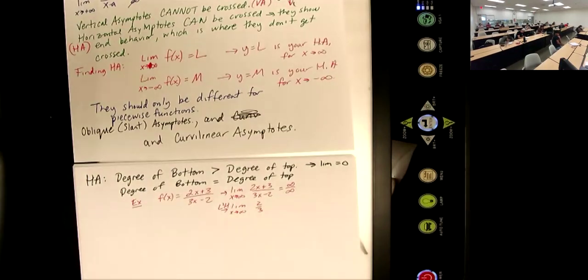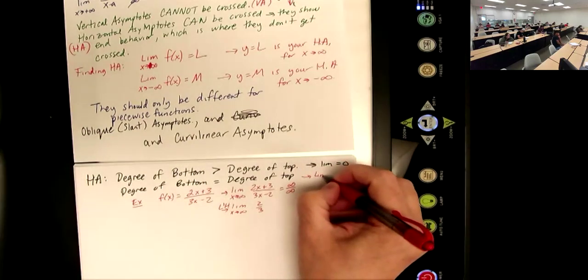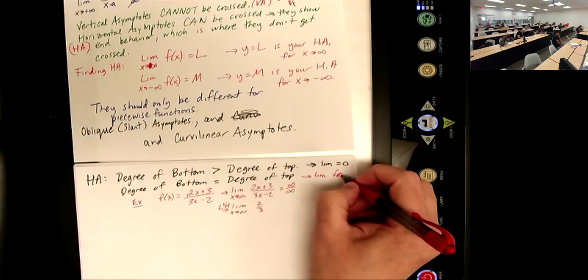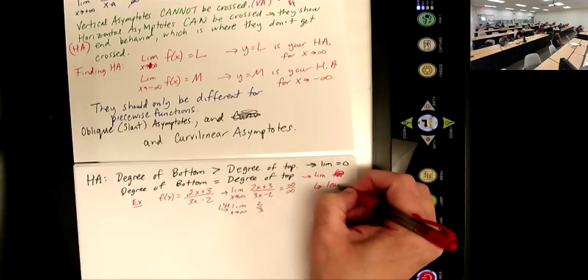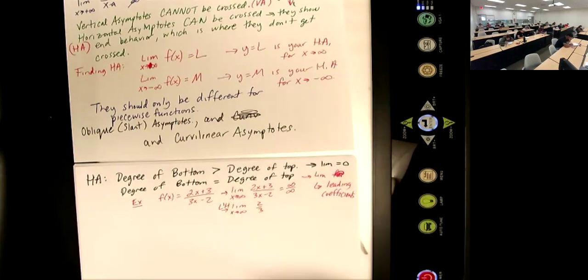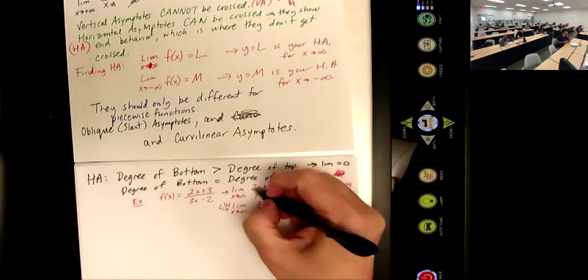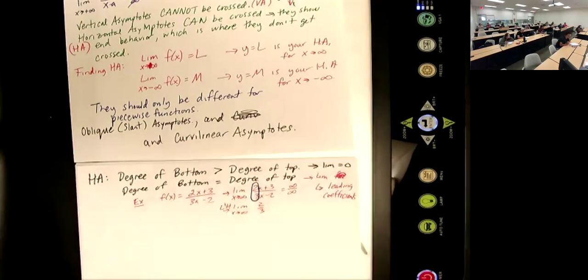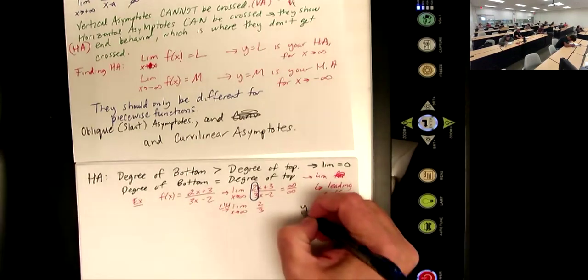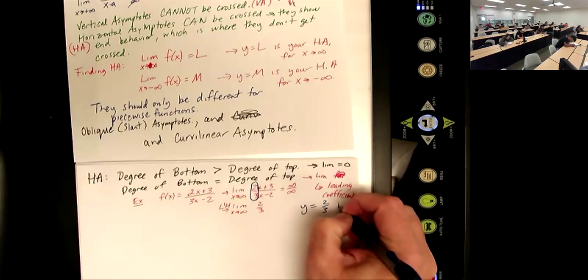So when the degree of the bottom equals the degree of the top, your limit is the fraction of the leading coefficients, the 2 over the 3. You don't need to memorize that. If you just take the limit, you'll find it. But if you like memorizing that, there you go. So here y would equal 2/3 is our HA in that example.